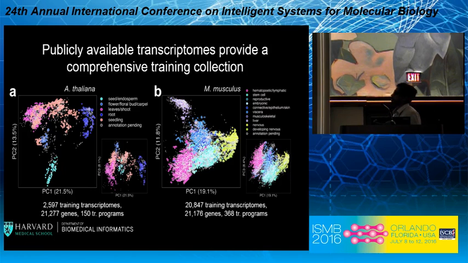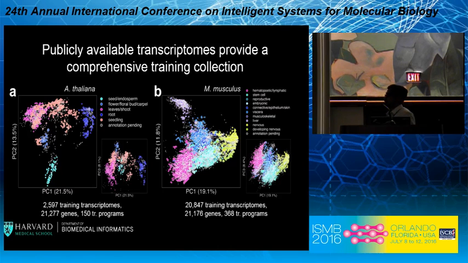And for these two organisms, we basically downloaded as much raw sequence data as we could and processed it in an informatically consistent manner. And in total, after quality filtering and expression filtering, we were able to retain over 23,000 transcriptomes across both these organisms, each comprising over 21,000 reproducibly detectable genes.